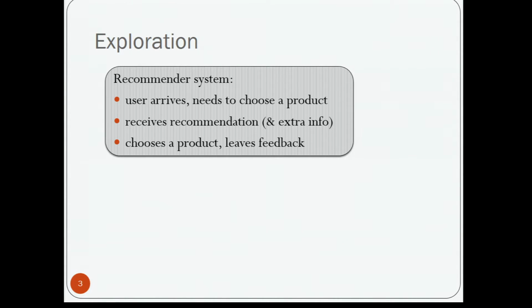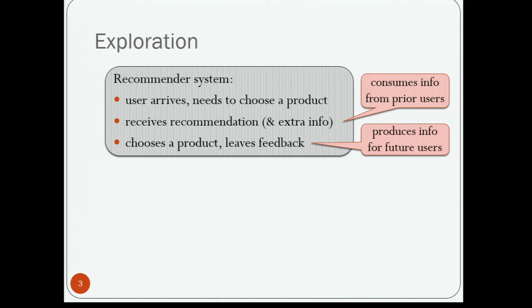One thing to notice is that the recommendation is usually based on the feedback from the users that came before, and the feedback will be used to improve recommendations in the future. In other words, each user has a dual role, being both a consumer and a producer of information.